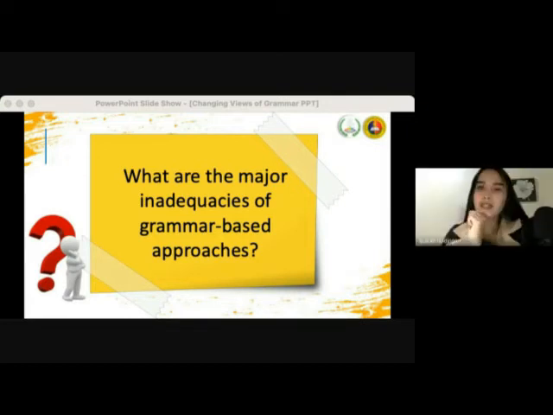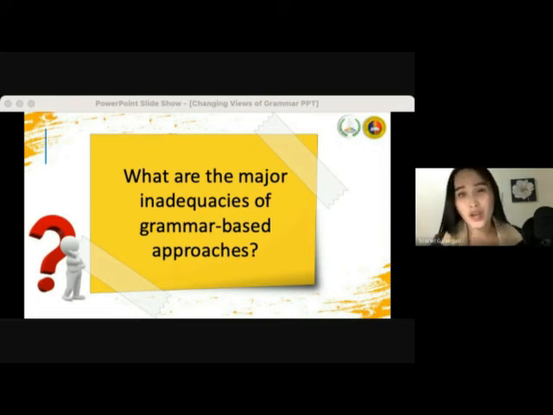Okay, so basically, LeBron was saying that one of the major assumptions under the traditional grammar-based approaches is that language really consists of a series of grammatical forms and structures that can be acquired successively.